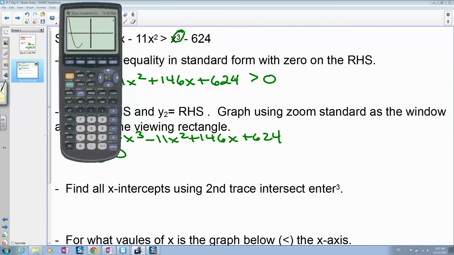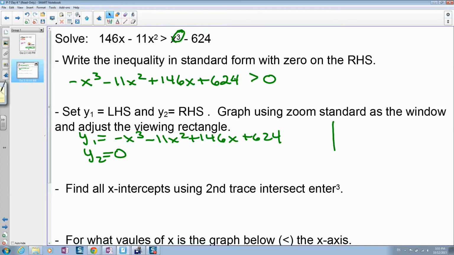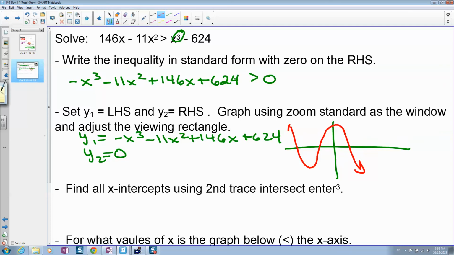And there we go. So now we see the whole graph. All right. So now we can draw a sketch of what it looks like. And there's what it looks like.